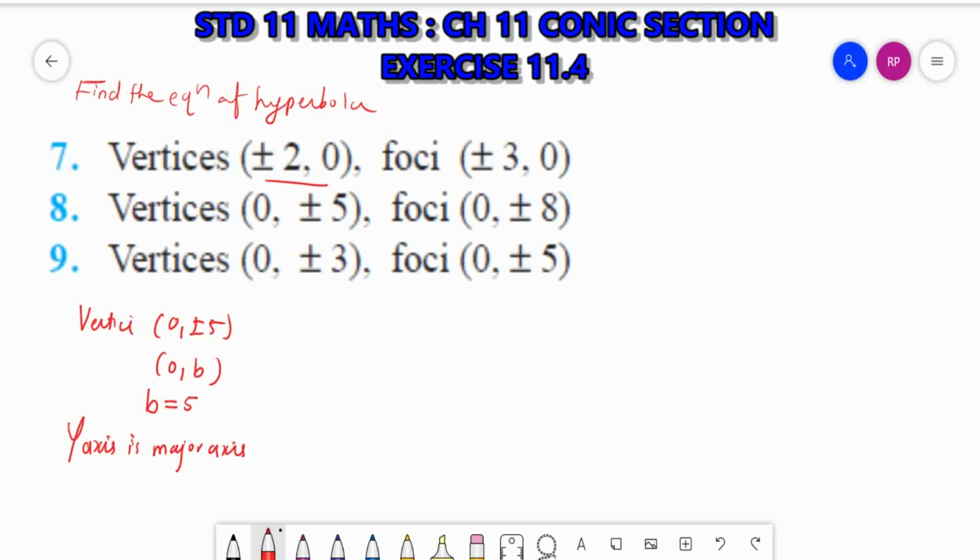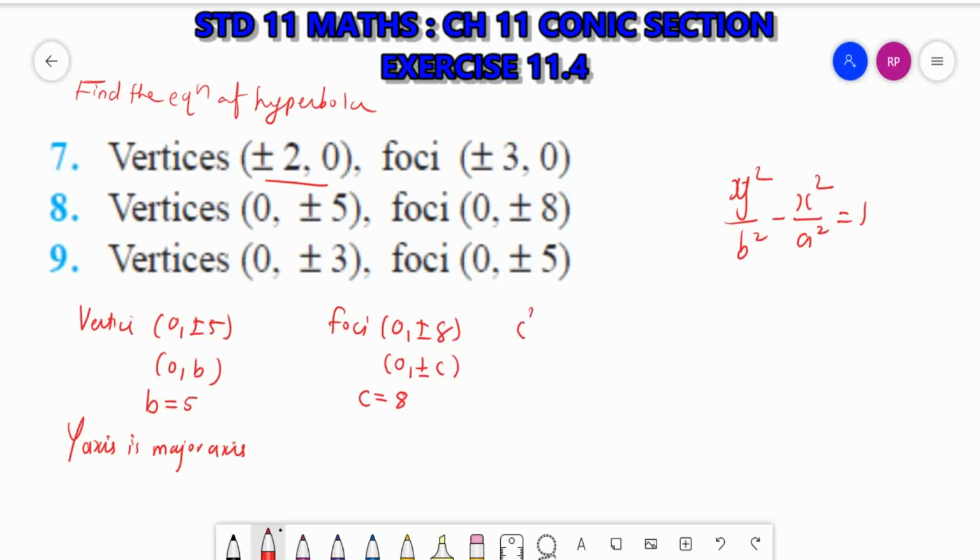The standard equation of hyperbola will be y square by b square minus x square by a square equal to 1. Now see, what is the foci given? Foci is 0 plus minus 8. With what will I compare? I will compare 8 with 0 plus minus c. From that I will get c is equal to 8.